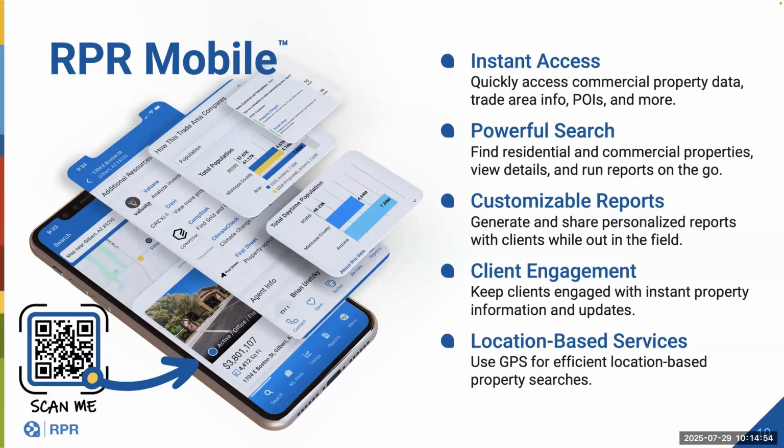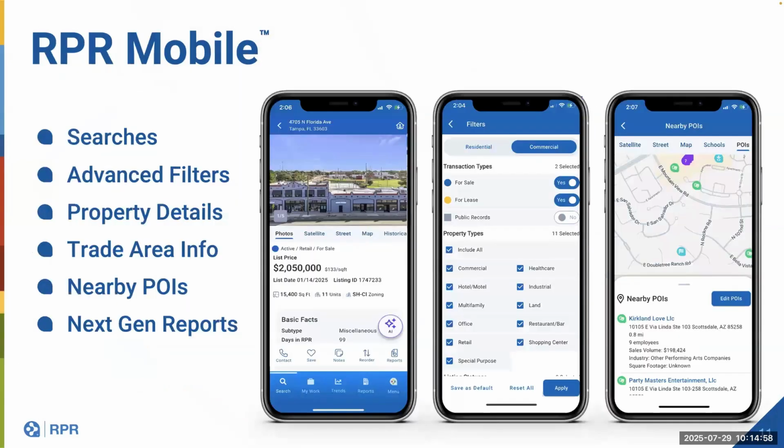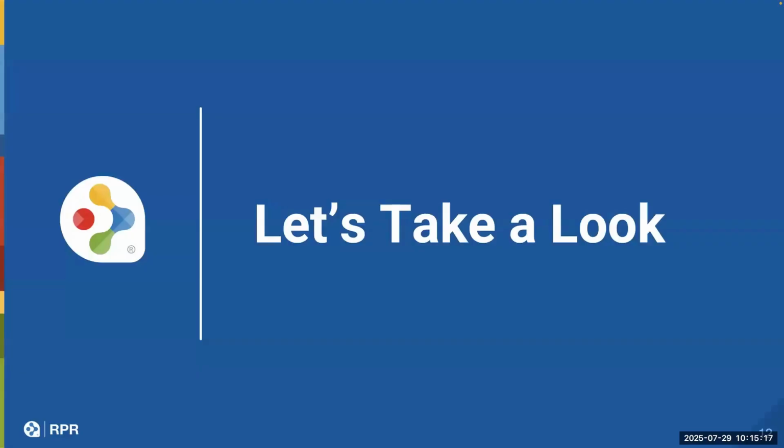So where you are, it's going to open up and give you inventory right around that area. It's a really user-friendly app where you do have access to advanced search filters, property details, trade, points and places of interest, and AI tools.